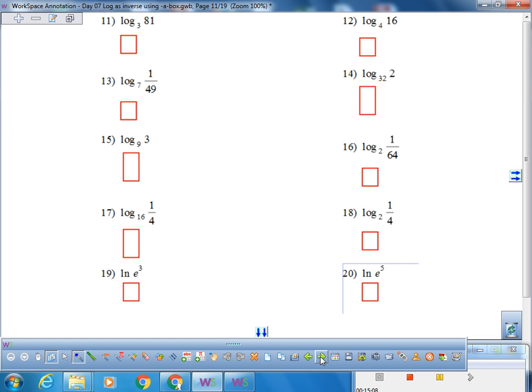This right here is this. Exactly. E is a number.